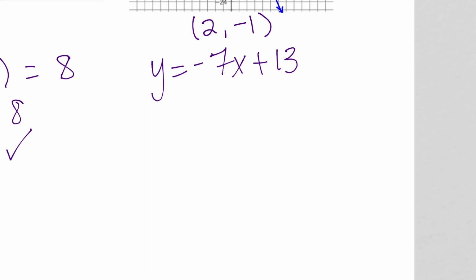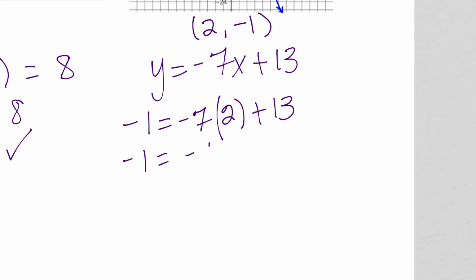We're going to get -1 equals -7, not 2, times 2 plus 13. What is -7 times 2? What is -14 plus 13? -1. Does -1 equal -1? Yes. All right. Next page.